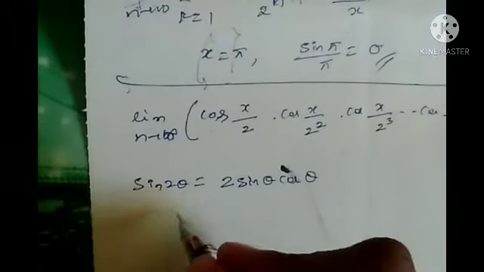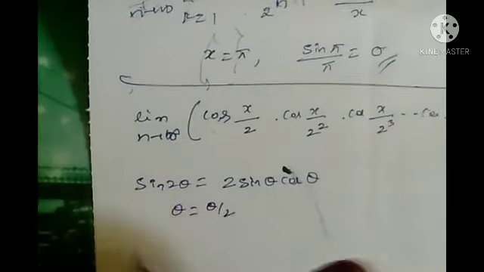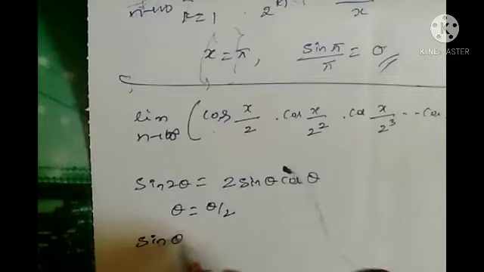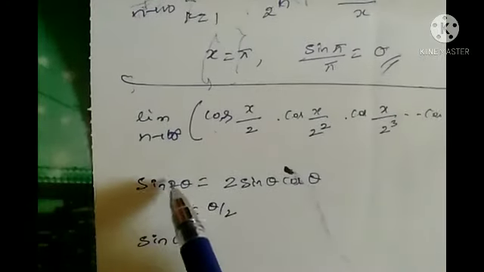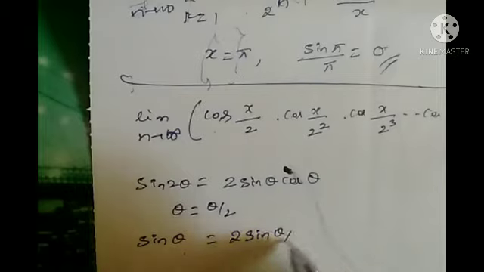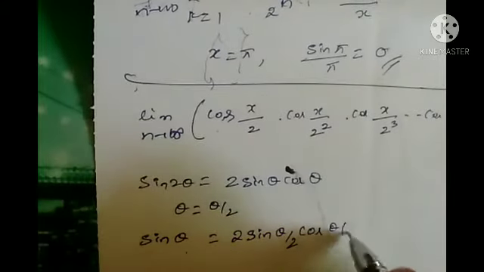In place of theta we take theta by 2, we get theta; the 2 gets cancelled, and we get 2 sin theta by 2 cos theta by 2.